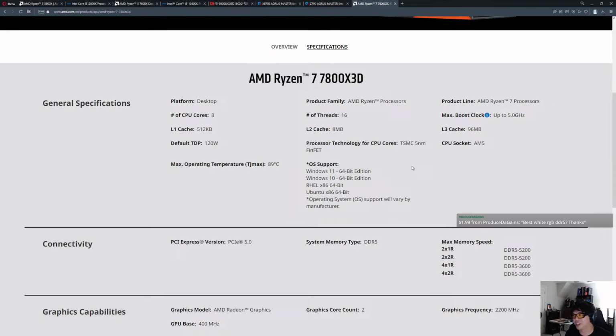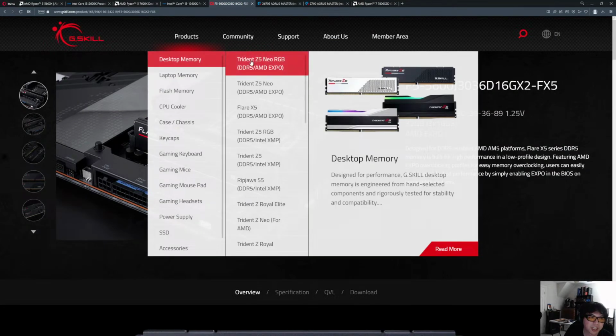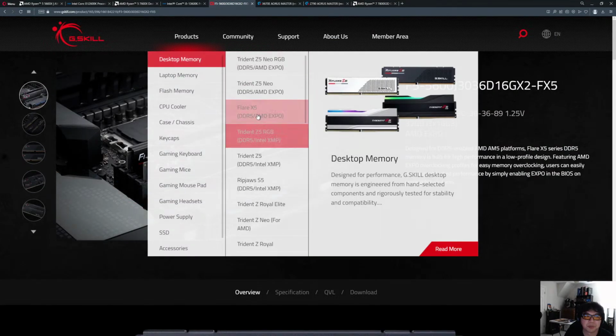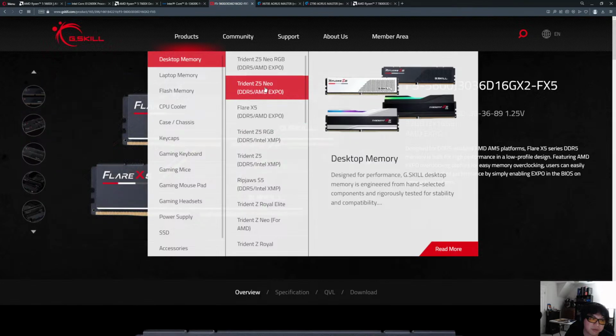So we got a Super Chat: best white RGB DDR5? So, it depends. Oh, he said RGB. I personally like the Trident Z5s.